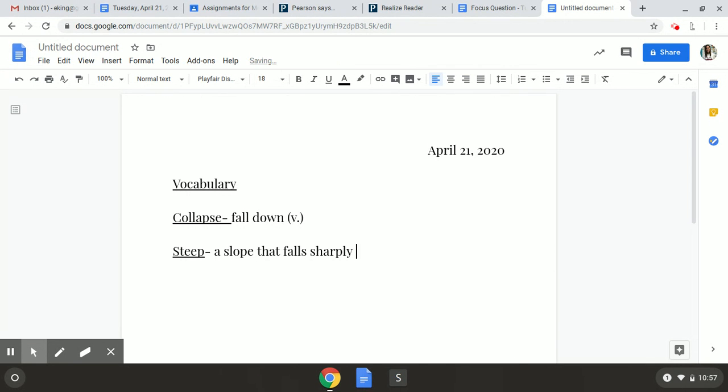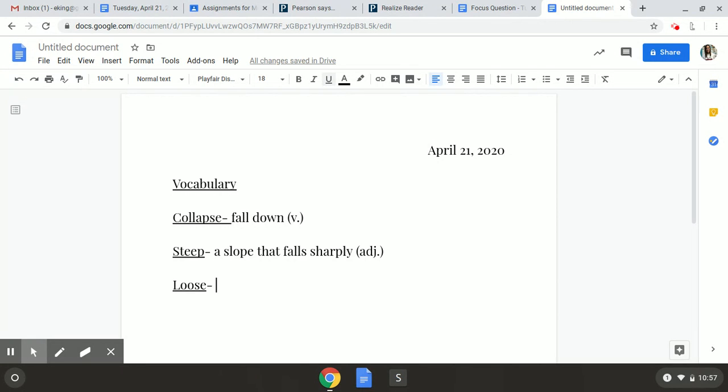So if you used steep to describe a slope, then we know steep would be an adjective because it describes something. And our last vocab word is loose. It says, building on steep hillsides or on loose soil is dangerous.